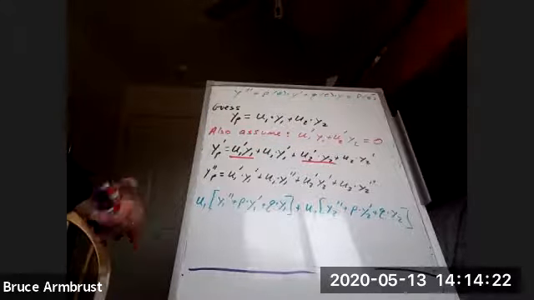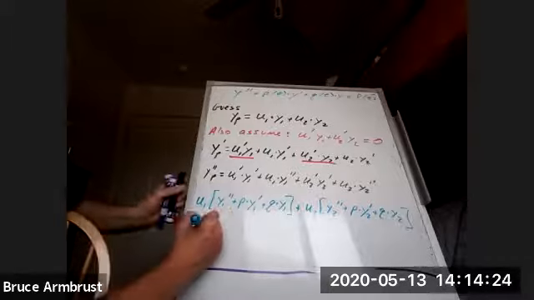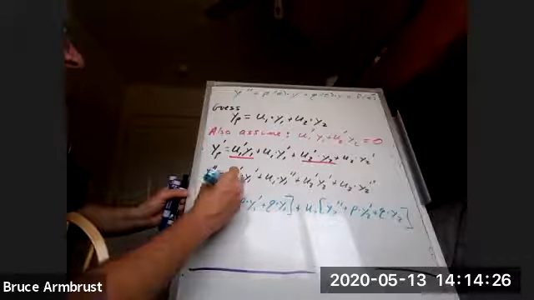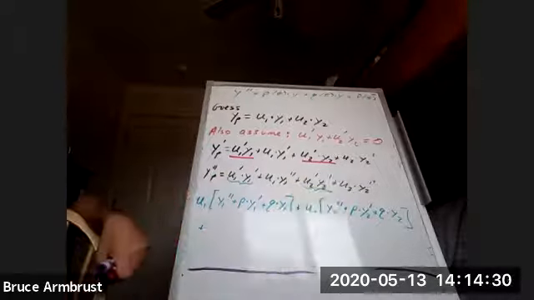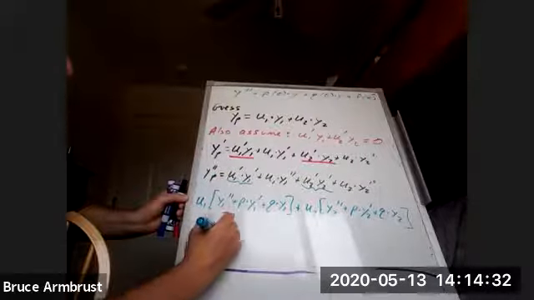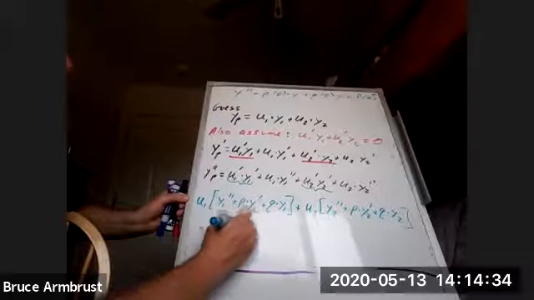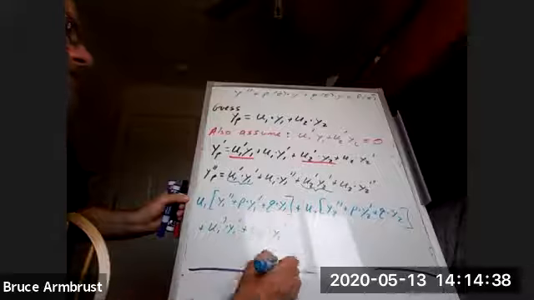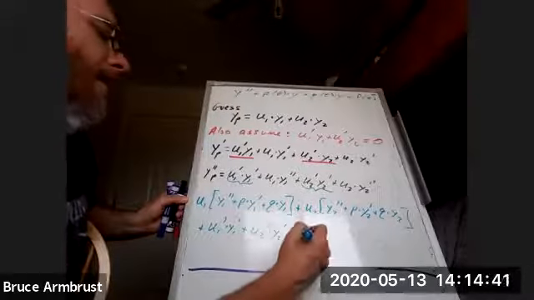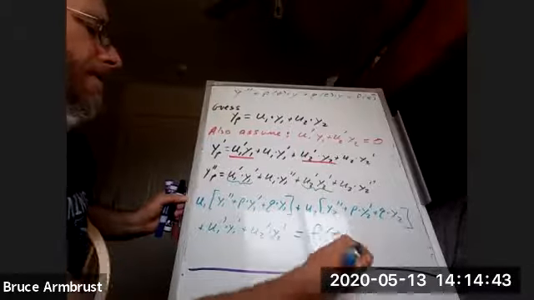And then there are still two more pieces. The two that we haven't actually dealt with yet are those two. So we're going to get u1 prime times y1 prime plus u2 prime times y2 prime. And all of that equals f of t.